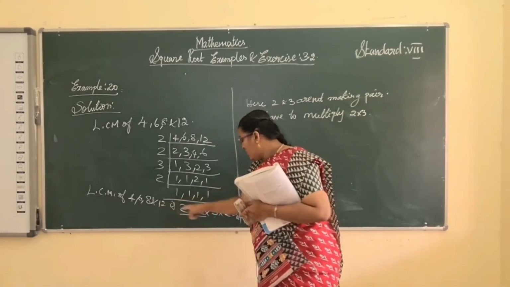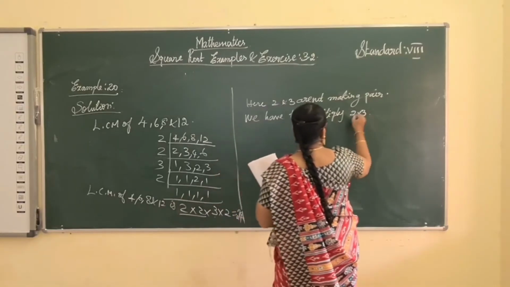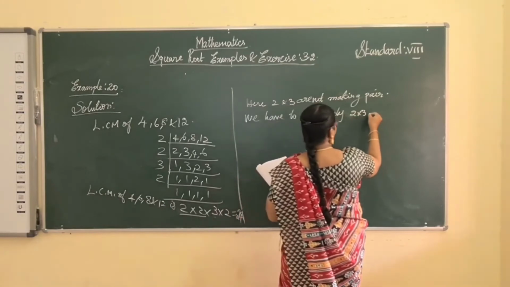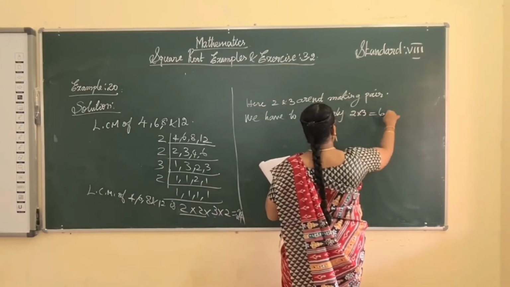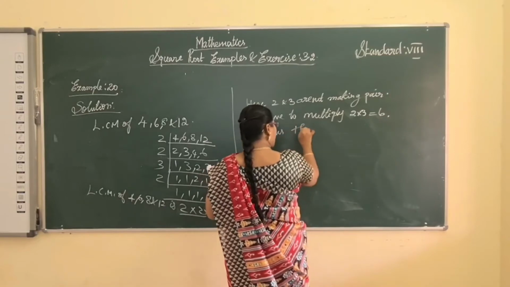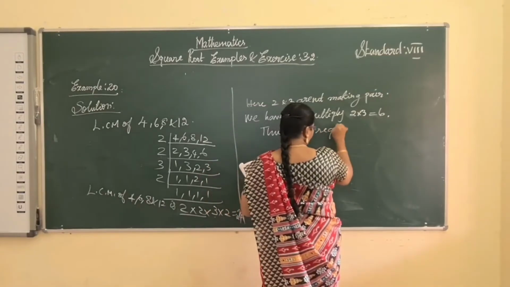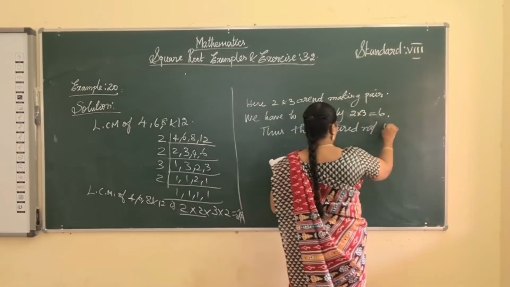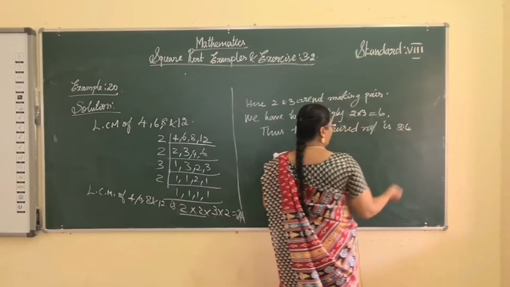Okay, so the LCM of this value is 24. Okay, here we have to multiply 2 into 3. So 2 into 3 we get the value 6. Thus the required number is, the LCM is 24.